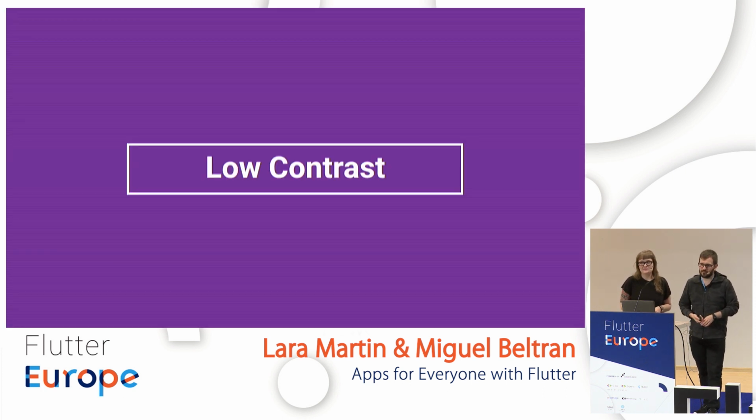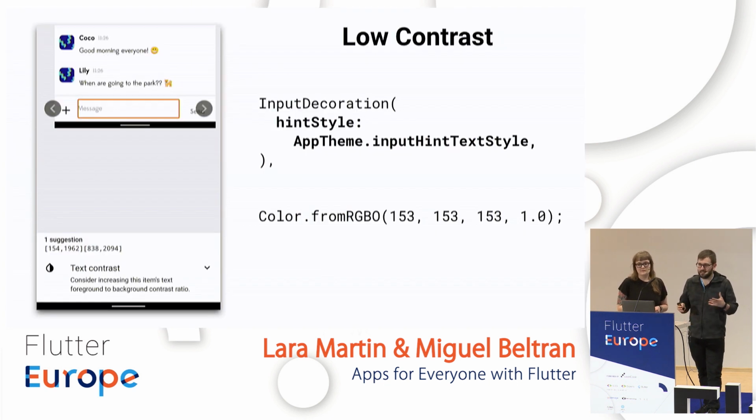Let's talk also about the low contrast that we had in the text field. In the app, the field for writing messages is a typical TextField widget, with an input decorator that has a custom style that we have created, which was provided by our designers.